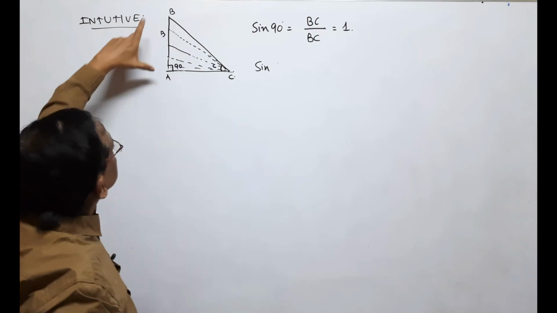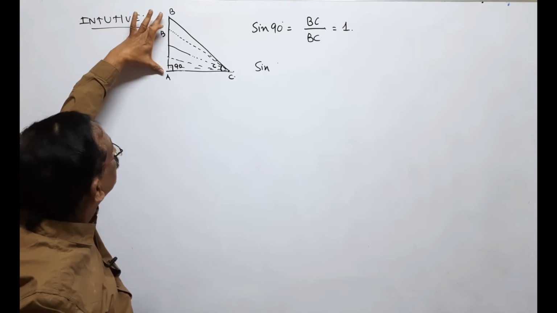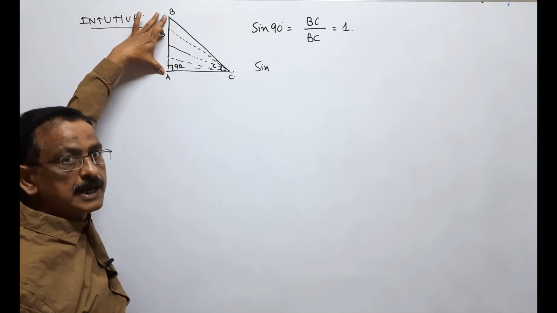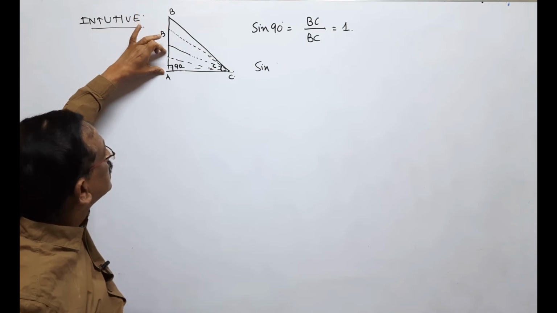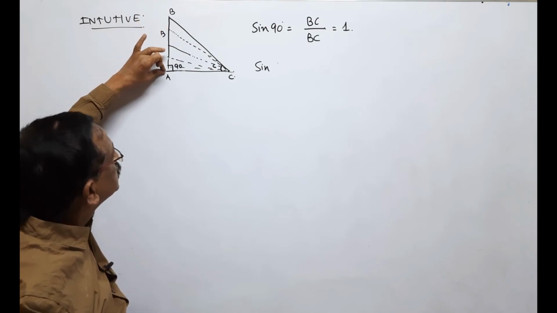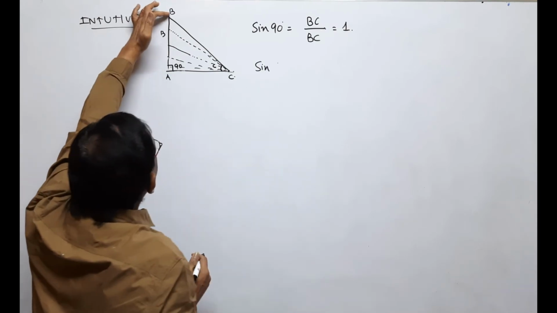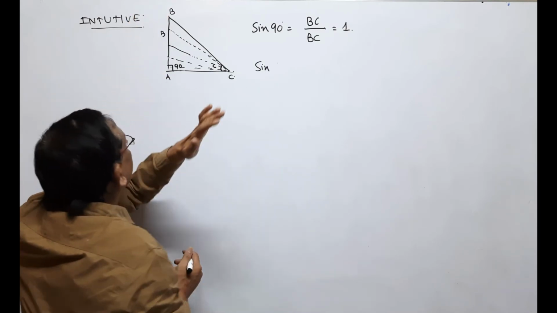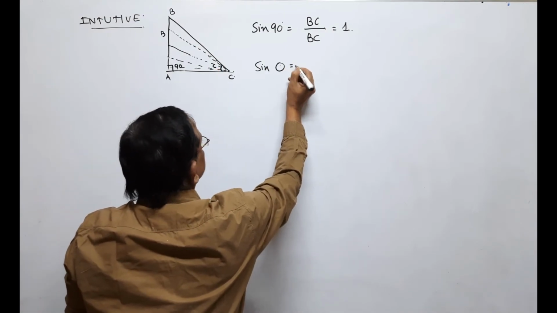That means this AB is getting smaller and smaller. See, originally AB is this length. Now this one. Now this one. If it is dropping down, it should coincide with A. So, if it is coinciding with A, C will become 0.